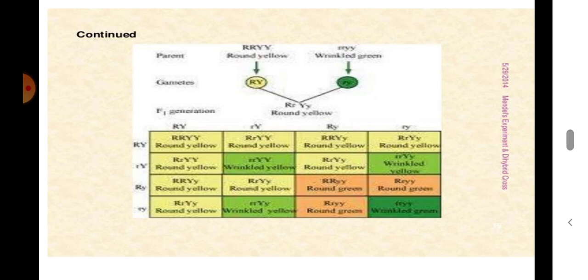The round shape and yellow color of the seed is dominant over the wrinkled shape and green color.